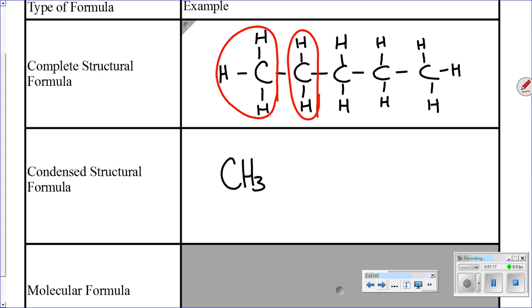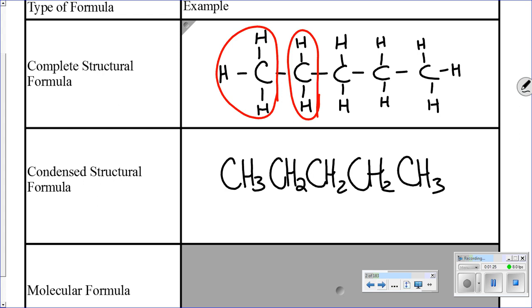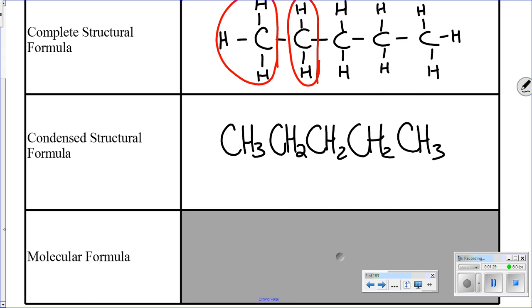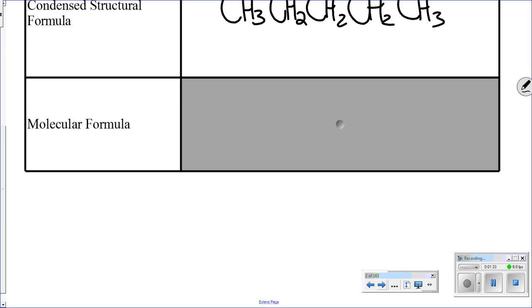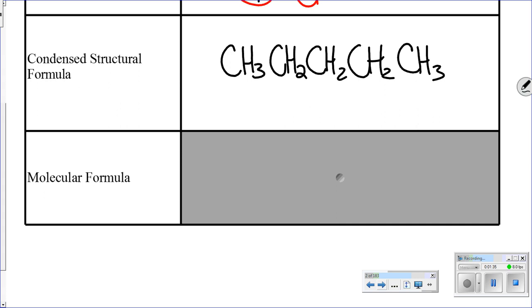Each of these in the middle is a C with 2 H's. And the one on the end again is the CH3. So this does allow us to see where the hydrogens are attached and how the carbons are arranged. It can also show double and triple bonds, but not quite as much space is taken up by drawing this.